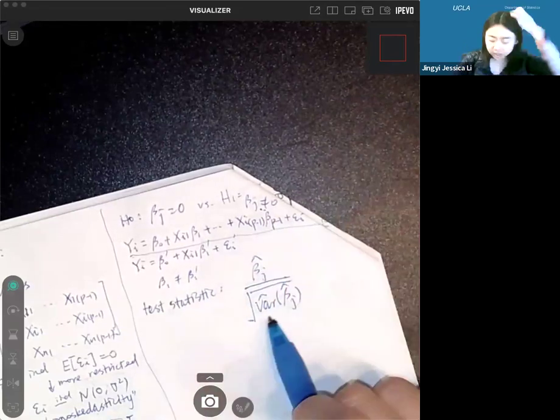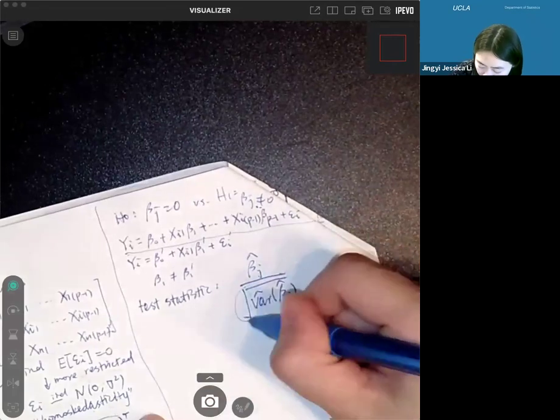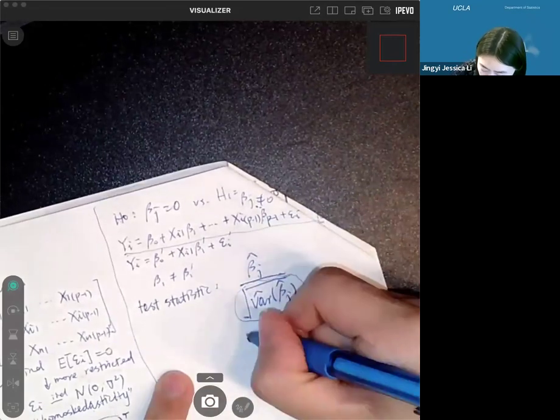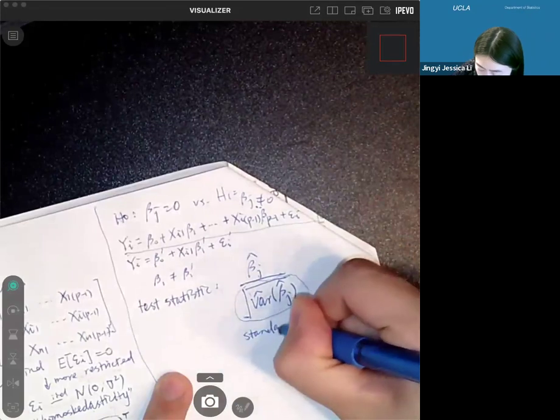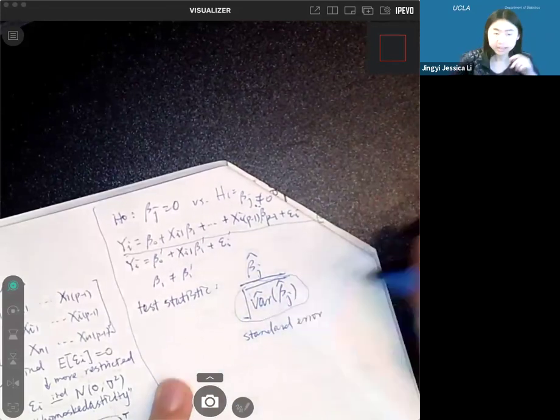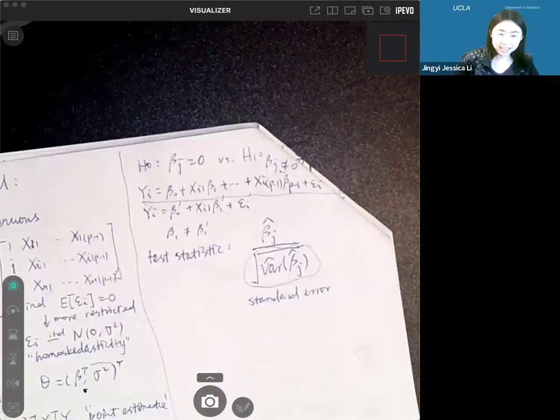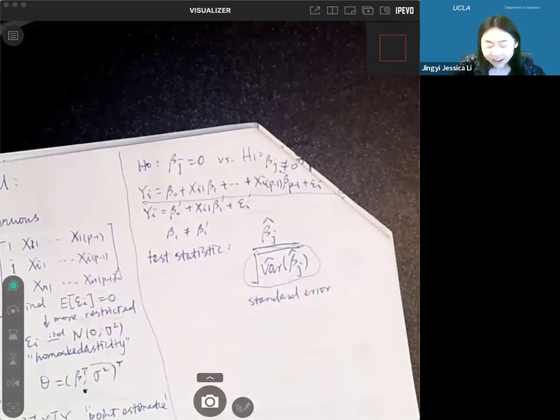We call this denominator the standard error instead of standard deviation. I think the key difference, again, it's a jargon thing, is that standard deviation means the square root of the variance. But here we are not using the actual variance. We're using an estimated variance. So I think that's why people call it standard error. But anyway, it's jargon.